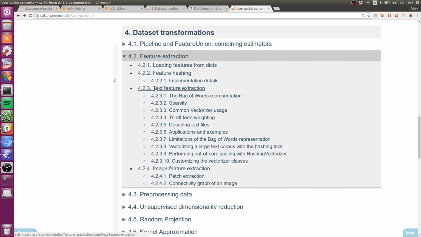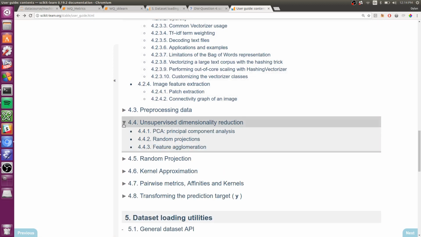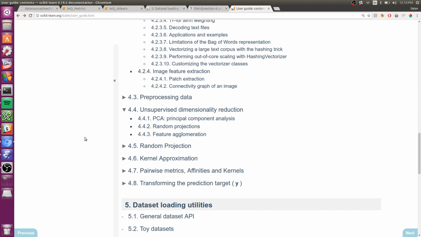Sometimes our raw data isn't numbers, it's text. Sometimes our raw data has many features, which can be difficult to work with for a number of reasons.